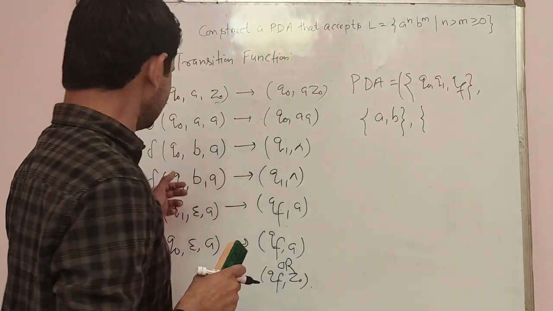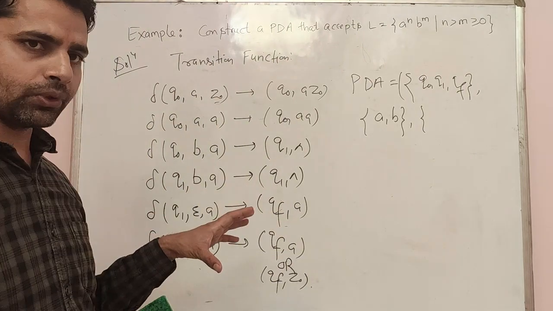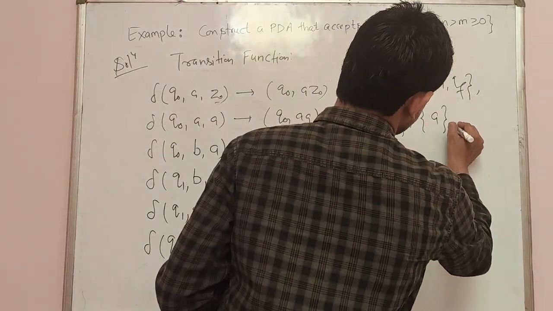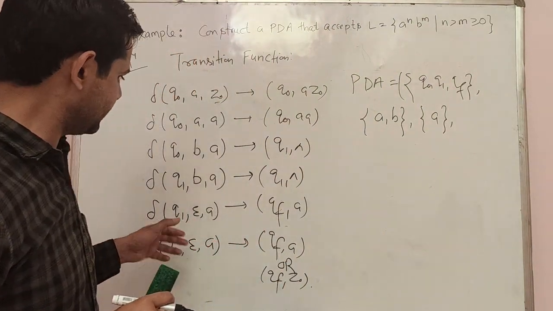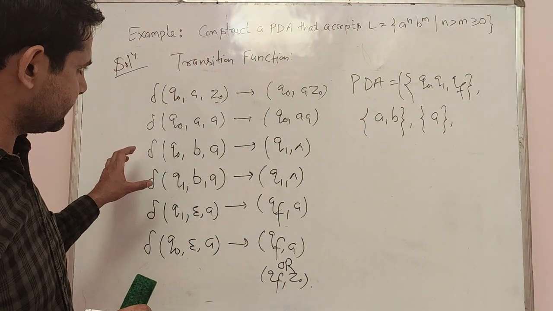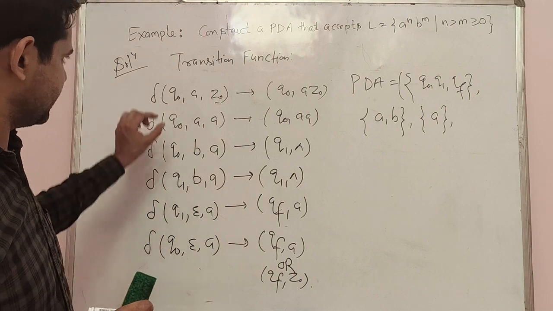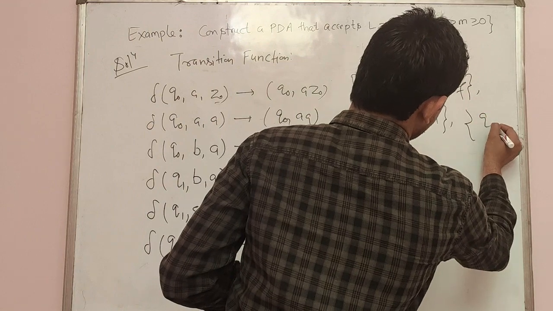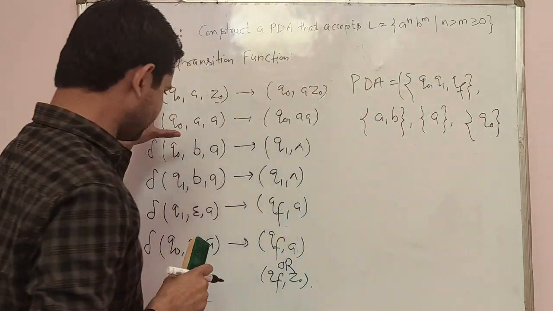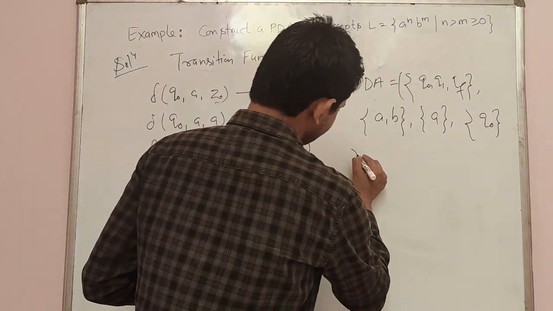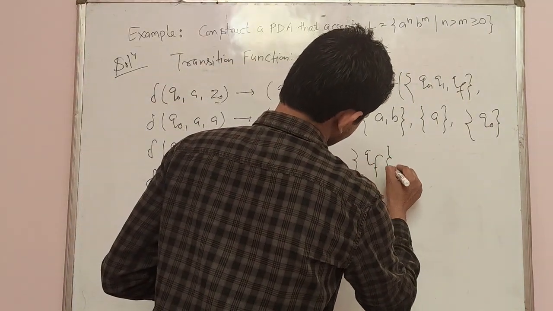Then we will write the tau. In the stack we only stored A. That's why tau is A only. Then next we will write the starting state. In that case, the starting state is Q0. Then we will write the final state. We have only one final state in this scenario, so the final state will be QF.